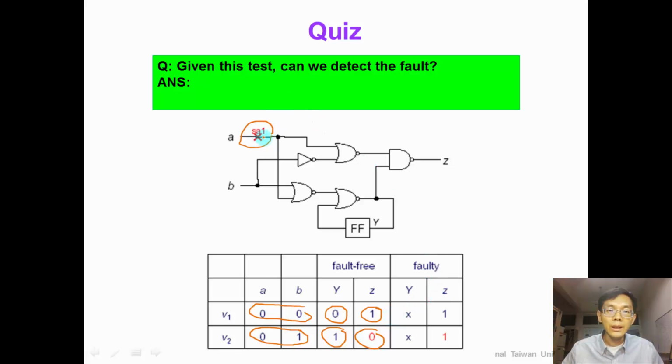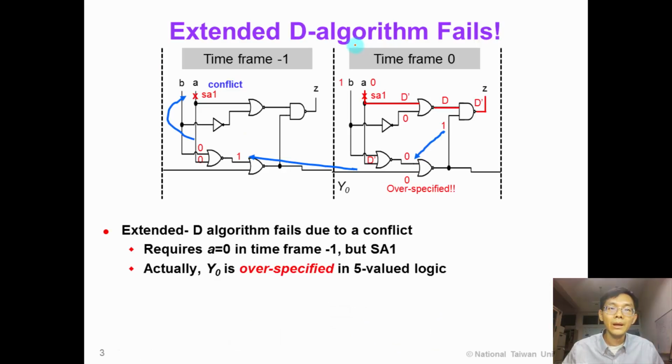If this circuit has a stuck at 1 fault, then the faulty output would be 1, 1. Since the output Z is different in the second cycle, we can detect the fault. So the answer would be yes. However, if we try to use the extended D algorithm that we taught in the previous lecture, we would fail.